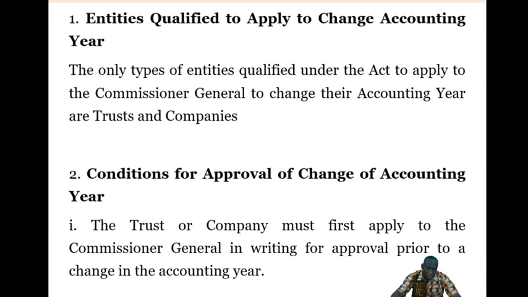coinciding periods. You see, when you are changing your basis period, the old basis period may sometimes coincide or overlap with the new basis period, or there could be a gap between the old basis period and the new basis period, which will mean that you will not pay tax within the gap period.